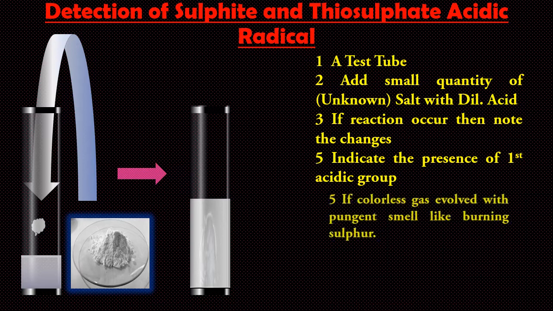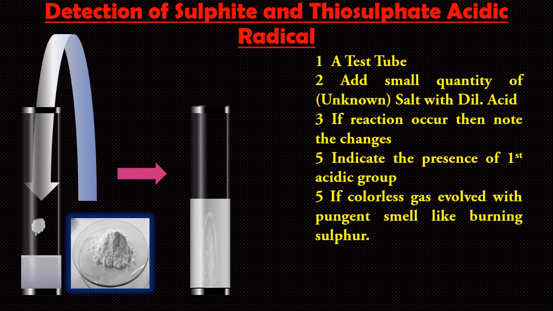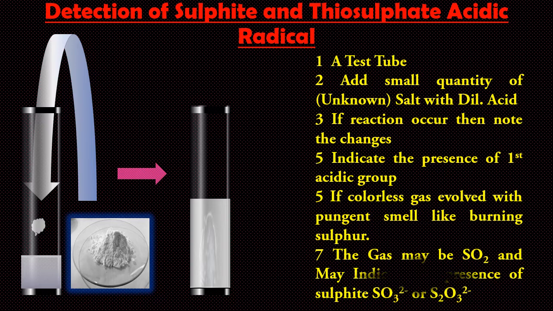If a colorless gas evolves with a pungent smell like burning sulfur, then it indicates the presence of sulfide or thiosulfate group, because the gas may be SO2. The smell of SO2 is like burning sulfur.